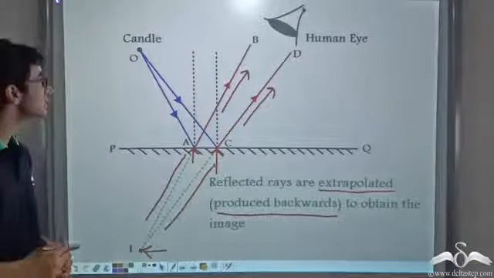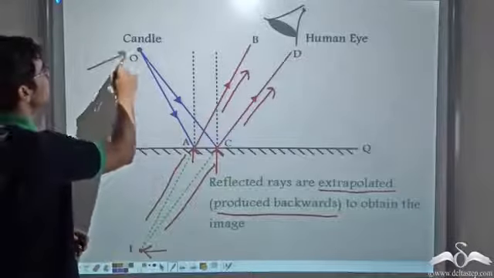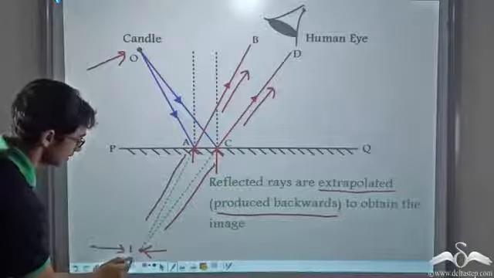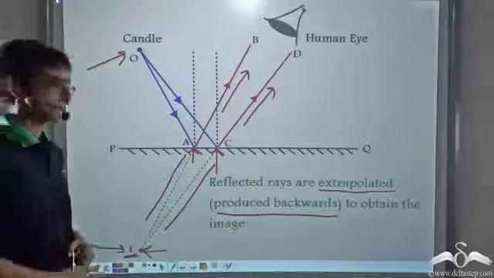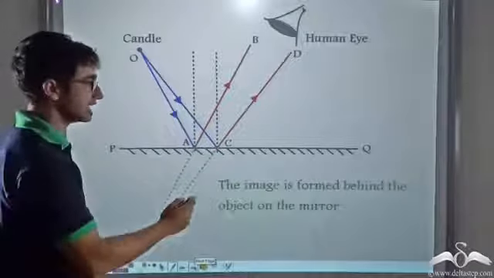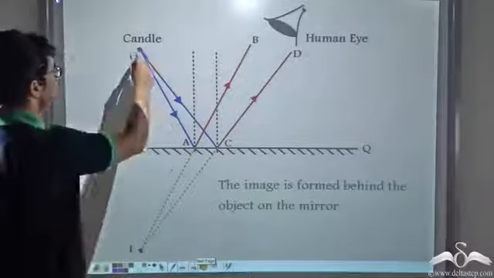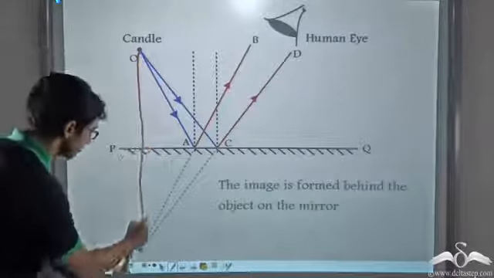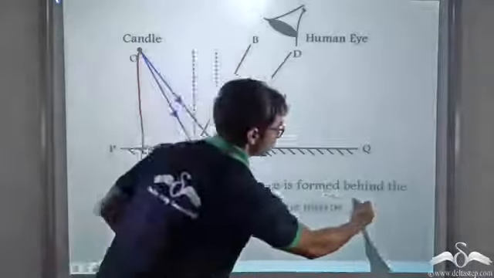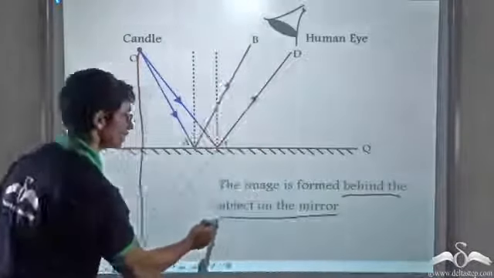Thus, we get the image of this object O, that is the candle, at this point shown by I. And as you can see, the image is formed behind the object on the mirror. It is formed behind the object on the mirror.